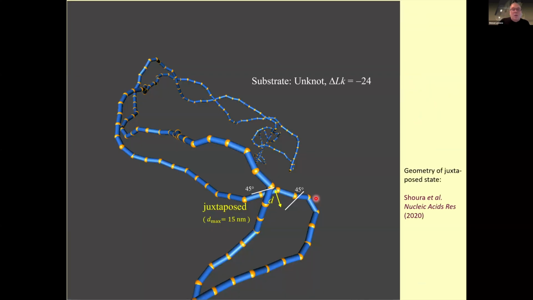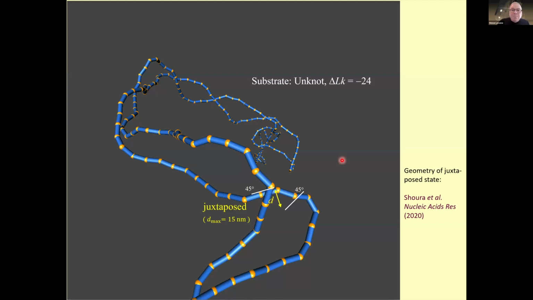Okay, so this is basically a snapshot from the simulation. This is a pair of juxtaposed loxP sites. And by the way, the loxP sites, unlike a type 2 topoisomerase situation where synapses can occur for any pair of sites along the molecule, in this model, we identify specific DNA segments as loxP segments.